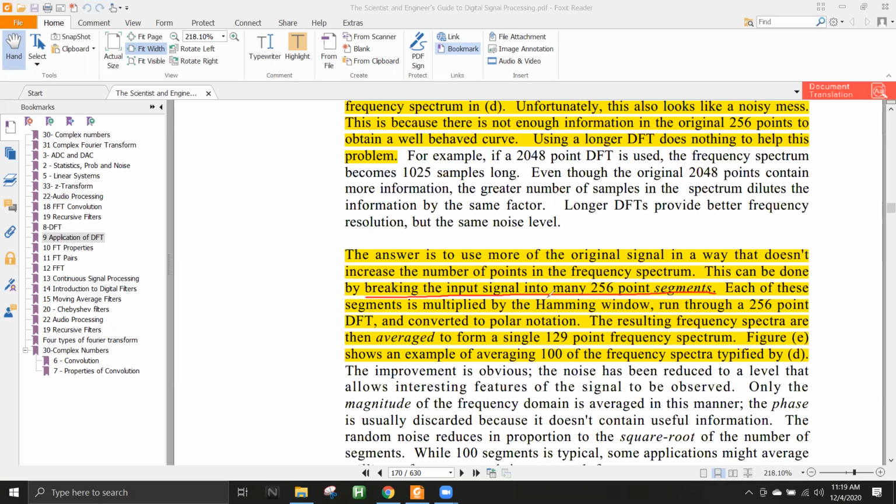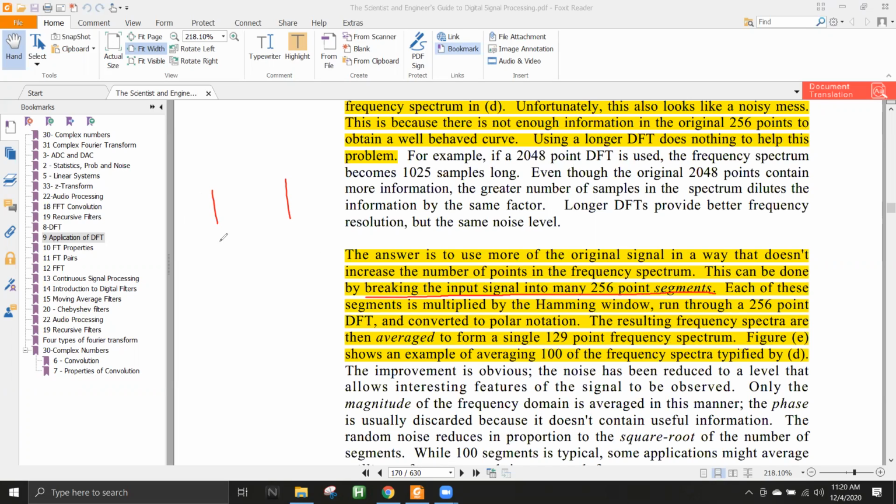You can take a small time frame of sound, maybe a 256 point signal, multiply with a Hamming window, then perform DFT, and you get that particular result.